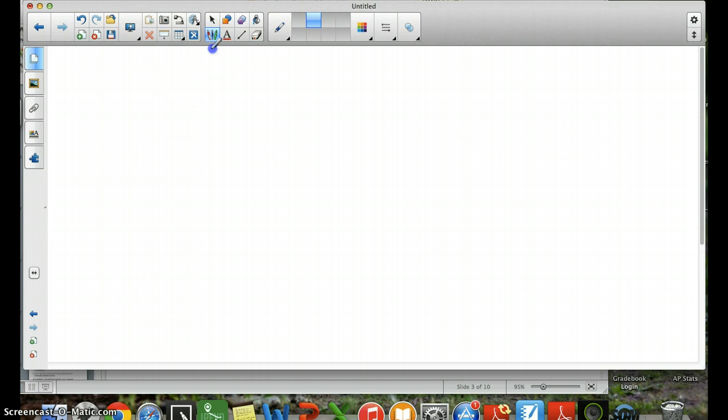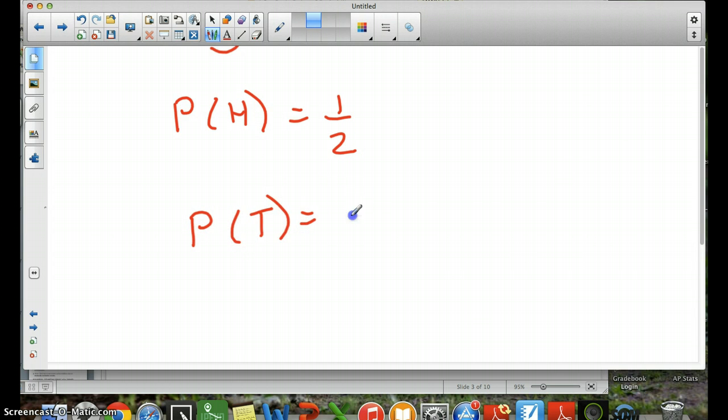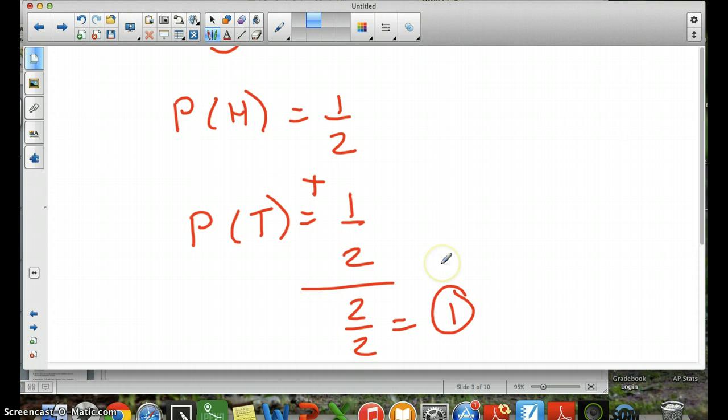So the probability of tossing a coin and getting heads would be 1/2. The only other possibility there would be tossing a coin and getting tails. And so those are your two possible probabilities in such a situation. So 1/2 plus 1/2 is 2/2, and there is that 1.